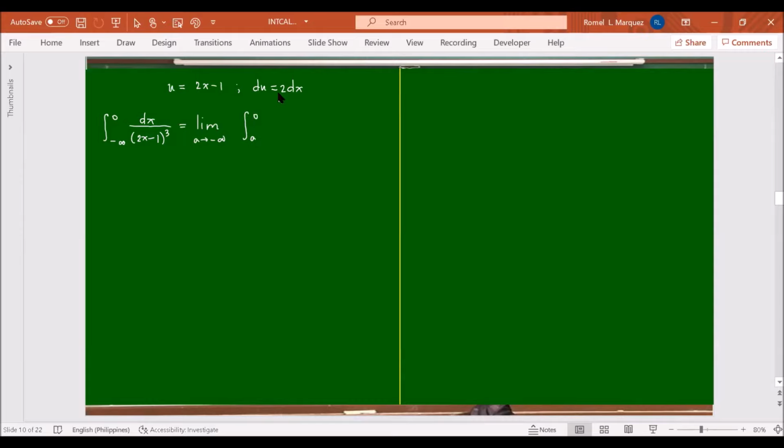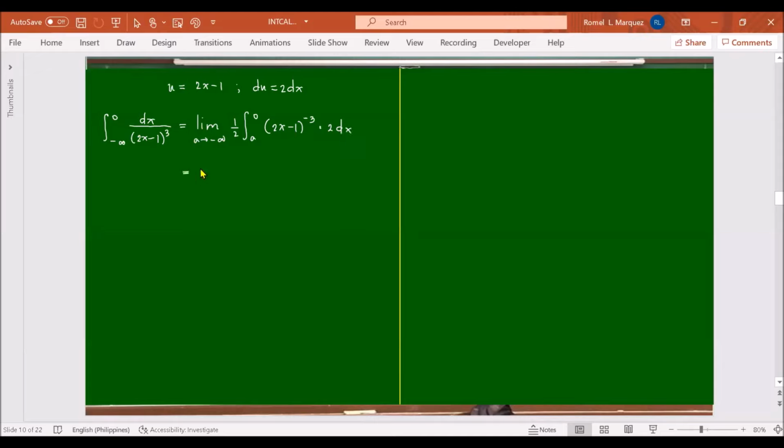0. I'm going to put 2 inside, balanced outside by 1/2, to get inside (2x minus 1) to the negative 3 times 2 dx. Okay?